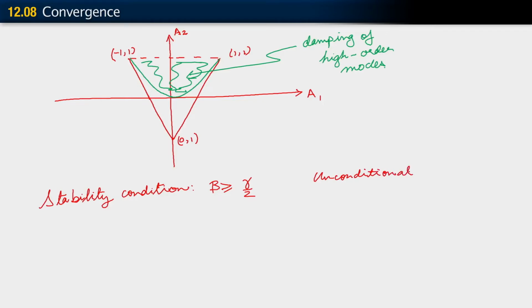It turns out, however, that we need beta to be not only greater than gamma over 2, but this requirement of damping out of higher order modes requires that beta should be greater than or equal to gamma plus half, the whole squared, to damp out higher order modes.